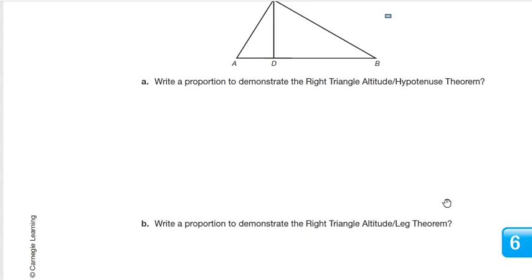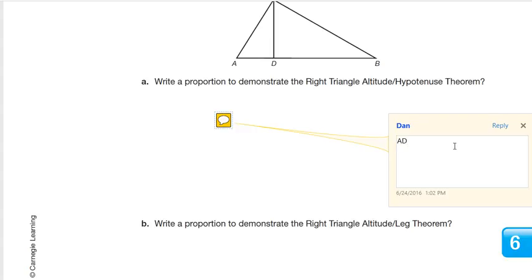And if I were writing that, let me see if I can put some text in here. I should pause this until I find my text tool. Okay, maybe you can read what I'm writing, but basically, we're going to do AD because we're doing the right altitude on the hypotenuse.